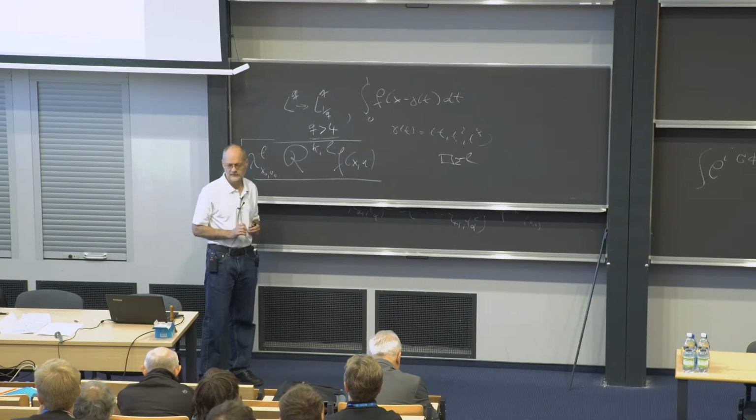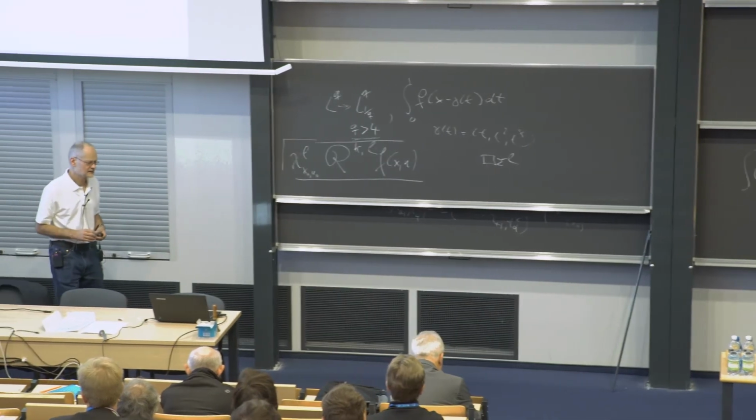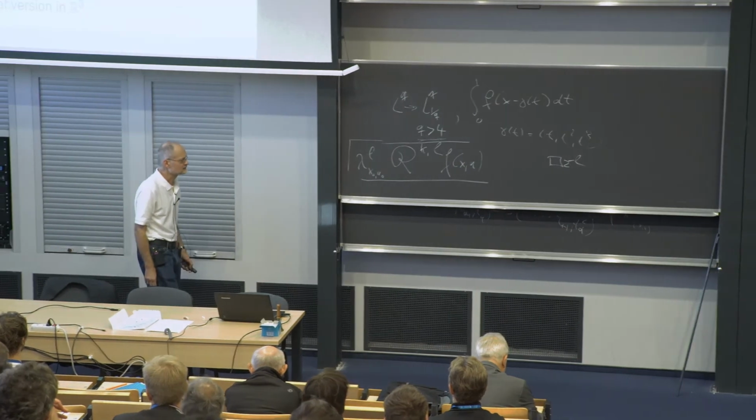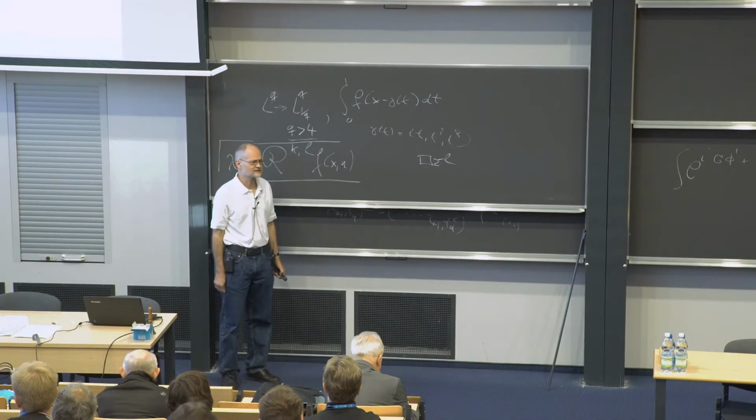It should be a thin neighborhood of width 2 to the minus 2L. And it's very easy to see that it's essentially supported in a neighborhood of width 2 to the minus L.